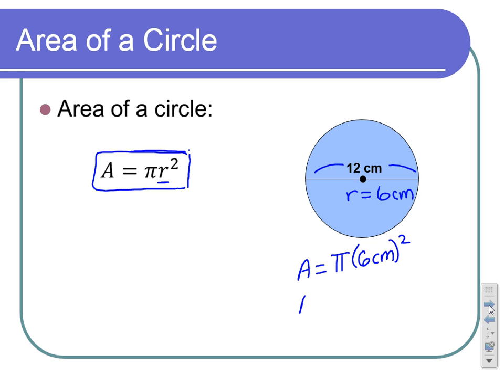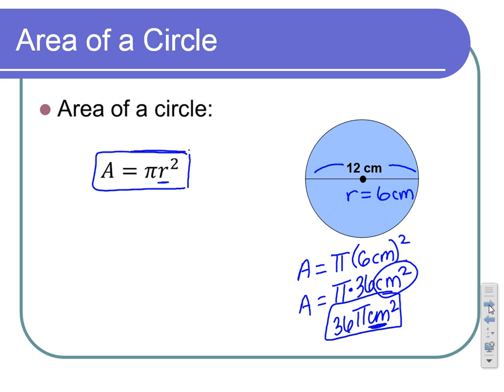That gives me pi times 36 centimeters squared, and we just write this as 36 pi centimeters squared. That's my answer; I just leave it in terms of pi. Always make sure you label your answers with the correct label. Since we're dealing with area now, our units are squared, so centimeters squared.